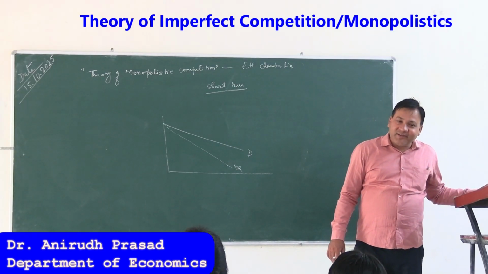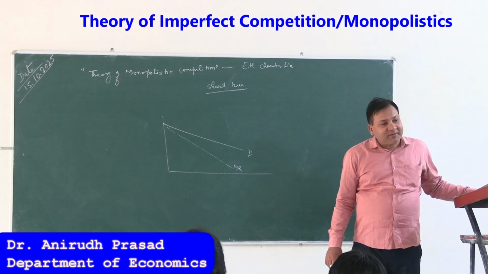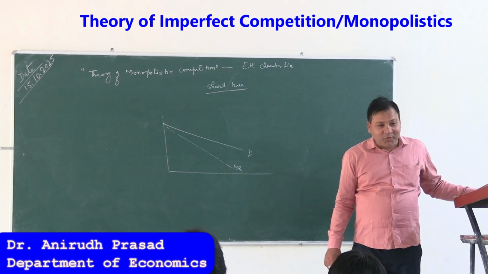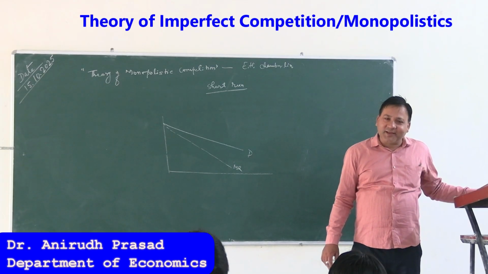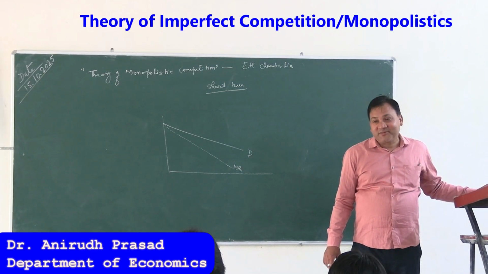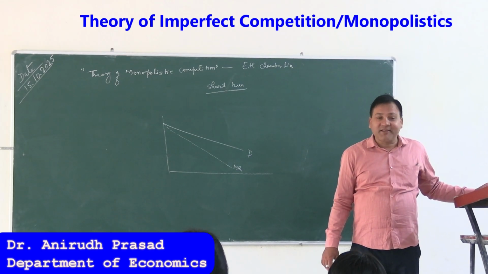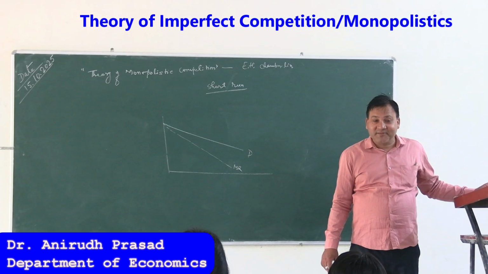In the short run, they can get supernormal profit, they can get normal profit, and even they can get a loss. So three situations may happen in the short run.